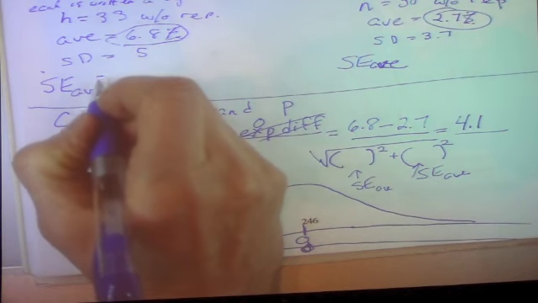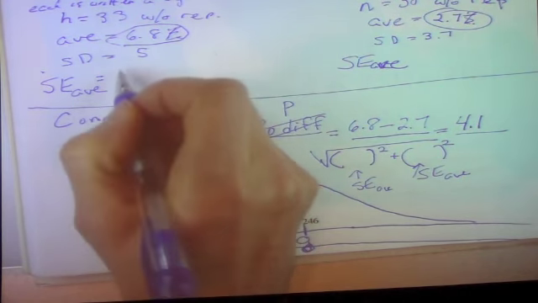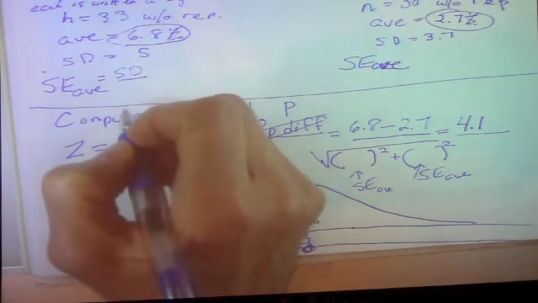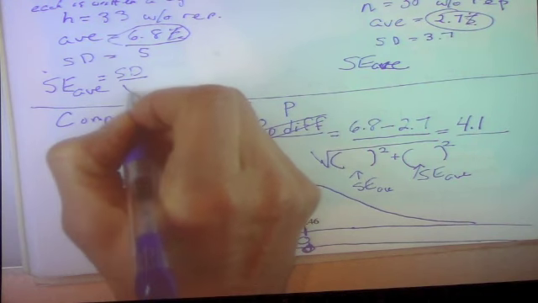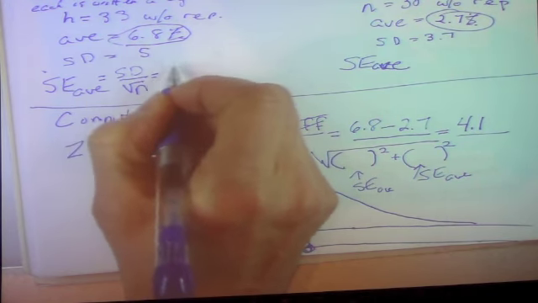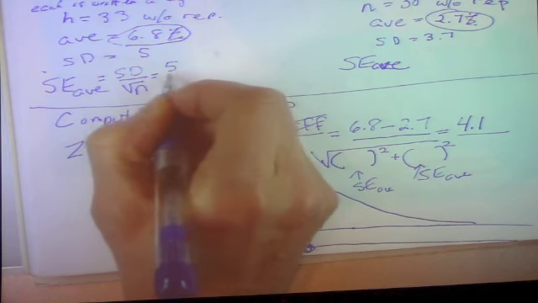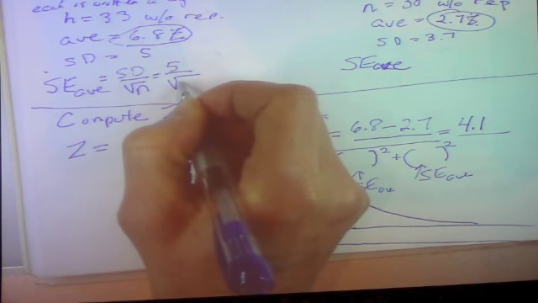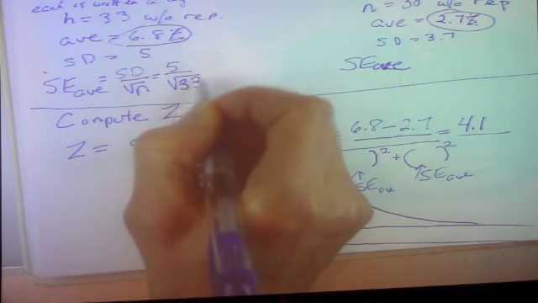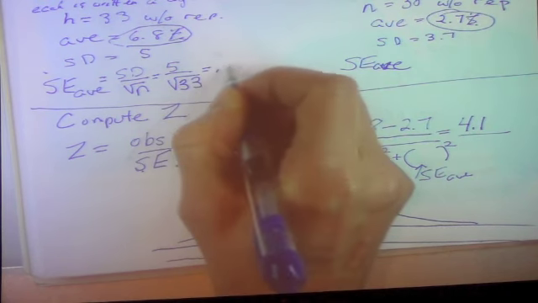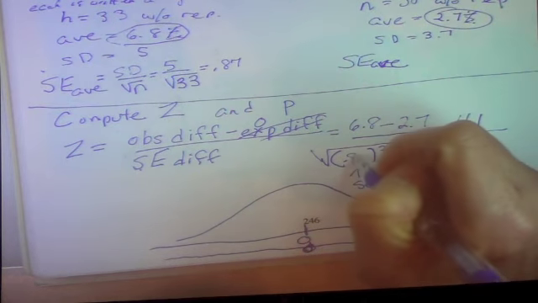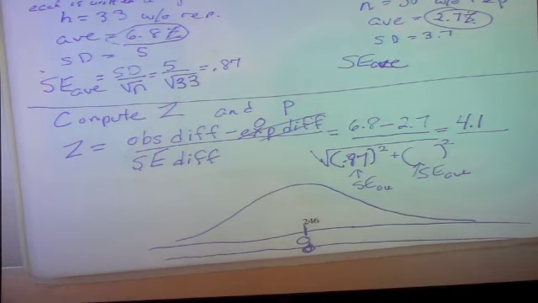So what's this standard error for the average? It's SD divided by what? Yeah, square root of n. So that's SD is 5, divided by the square root of n, which is what here? 33. So I got 0.87. That's what goes in here. Okay?